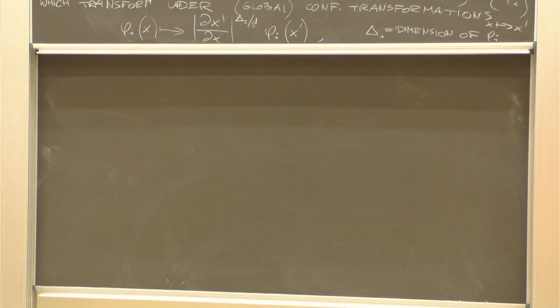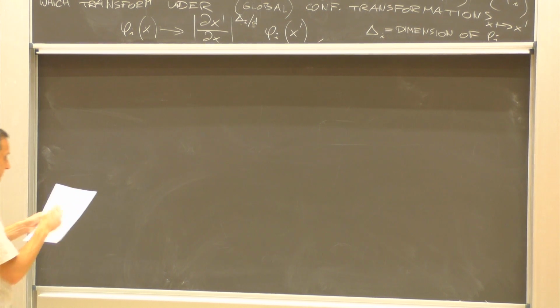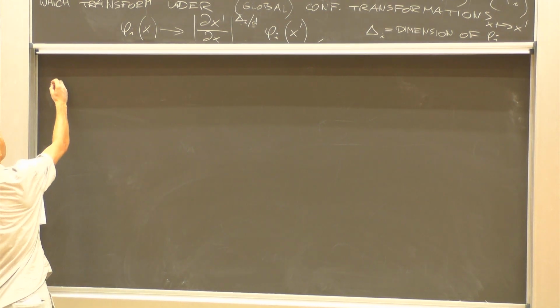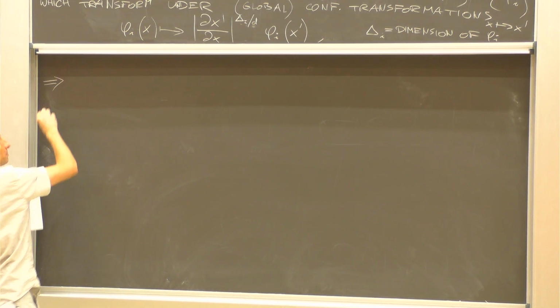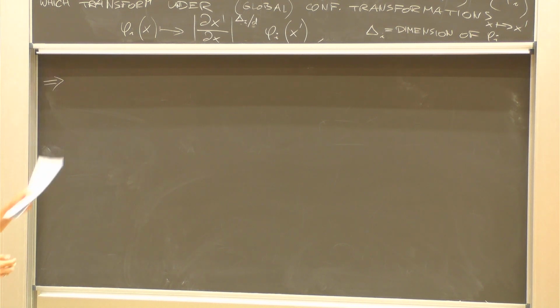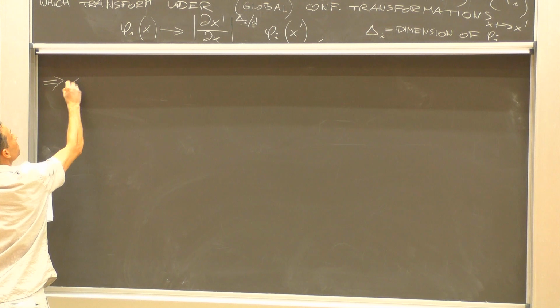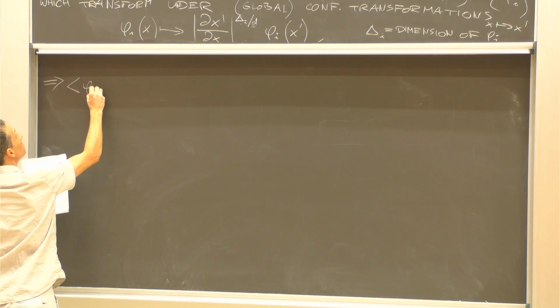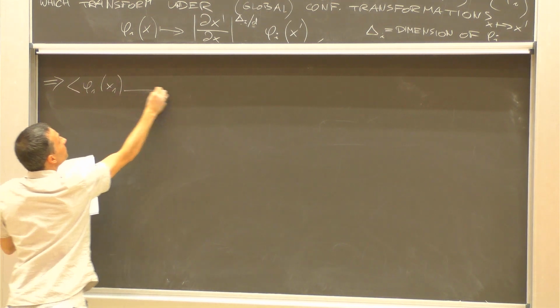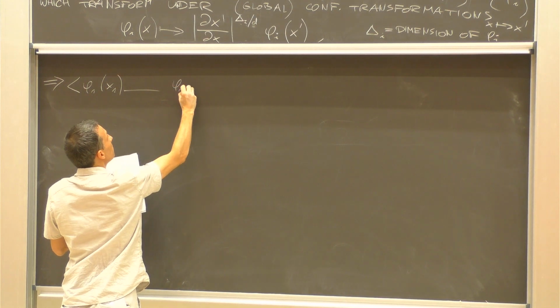Okay, so if these fields transform in this way, then one would expect, up to some subtleties of, let's say, the path integral, that expectation values should also transform with such a prefactor.